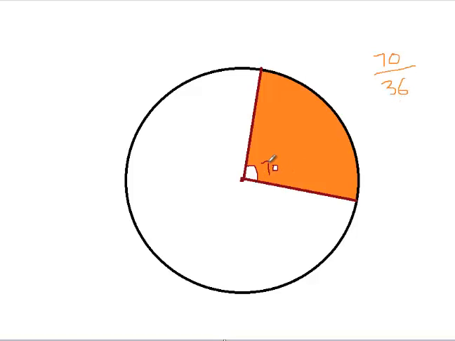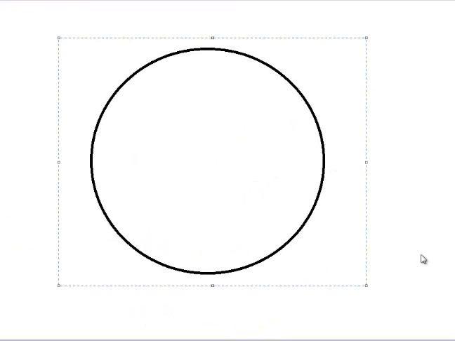In order to make this a little easier, let's make it 90. This would be 90 out of 360, so that would be 1 out of 4, so this would be 1/4 of the circle. Whatever the entire area of the circle was, you'd get it down to 1/4 of that.